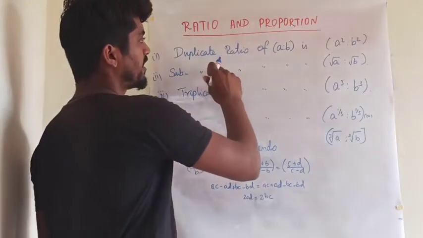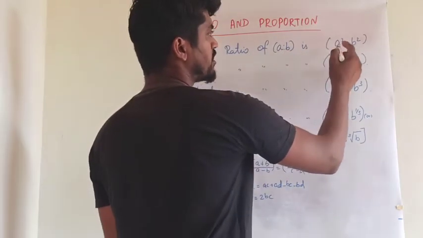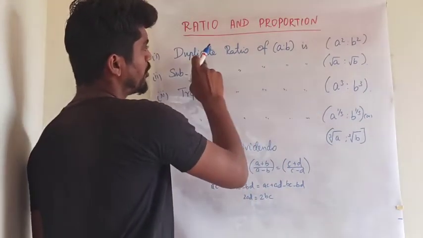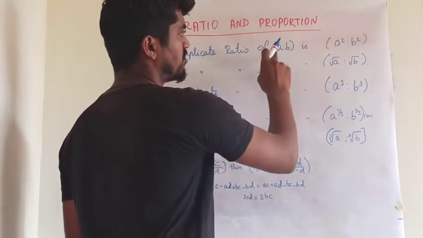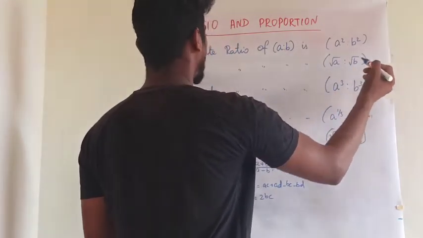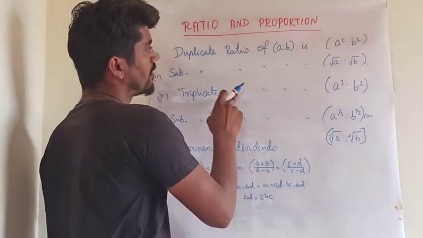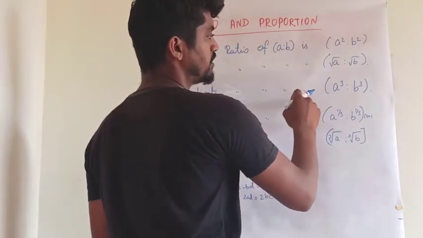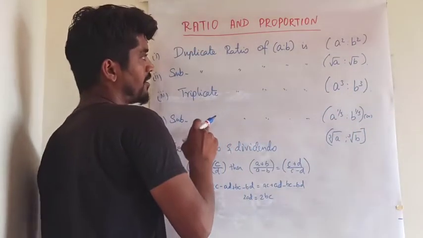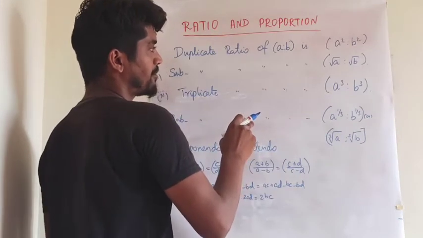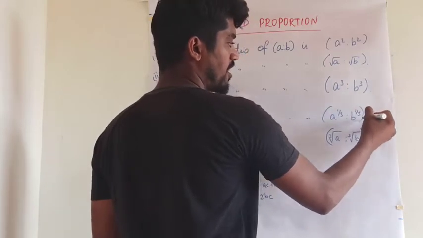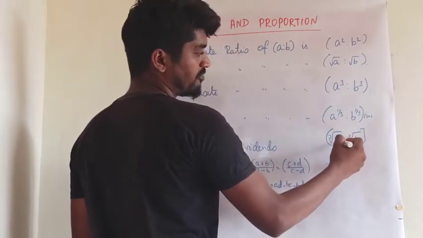Next, the duplicate ratio of A is to B is A square is to B square. The sub-duplicate ratio of A is to B is root of A is to root of B. The triplicate ratio of A is to B is A cube is to B cube. The sub-triplicate ratio of A is to B is written as A power 1 by 3 is to B power 1 by 3, or the cube root of A is to the cube root of B.